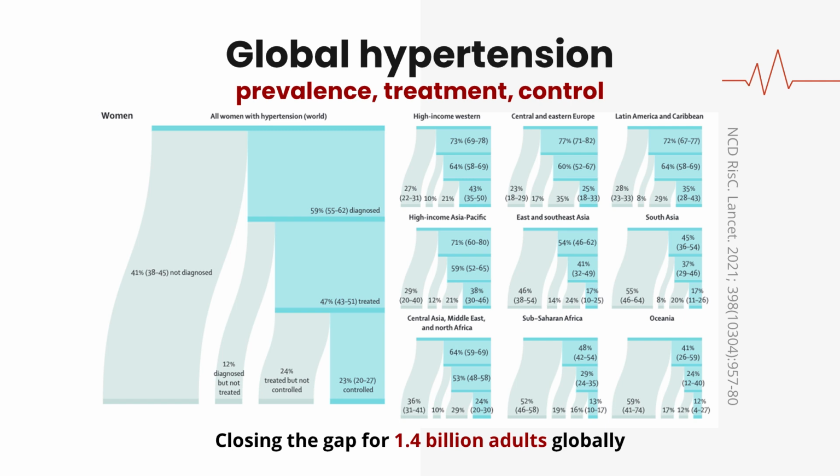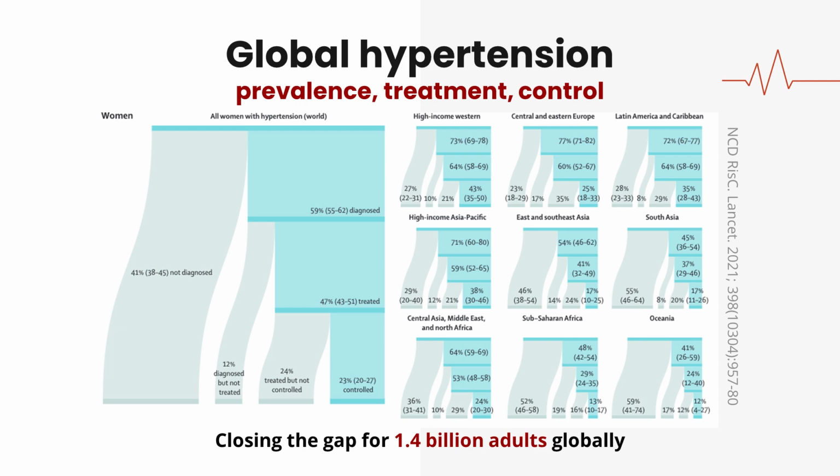These are data from the NCD risk collaborations that look at the treatment cascade for women on the overall left-hand panel. There's an estimated 1.4 billion adults around the world who have hypertension or high blood pressure. Many of the individuals with hypertension don't even know that they have it because in most instances, it is asymptomatic.